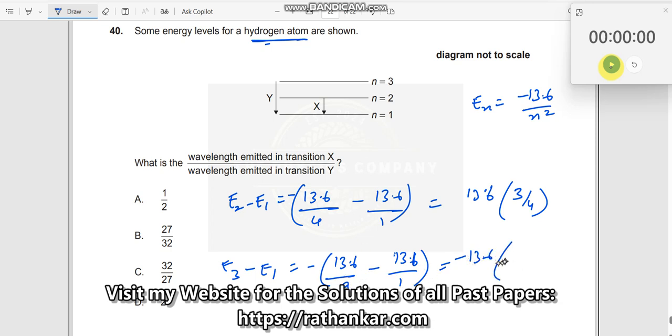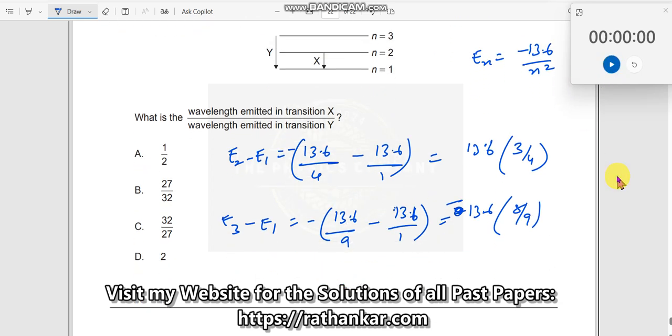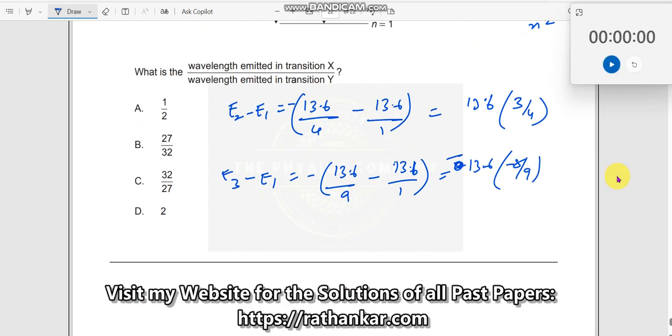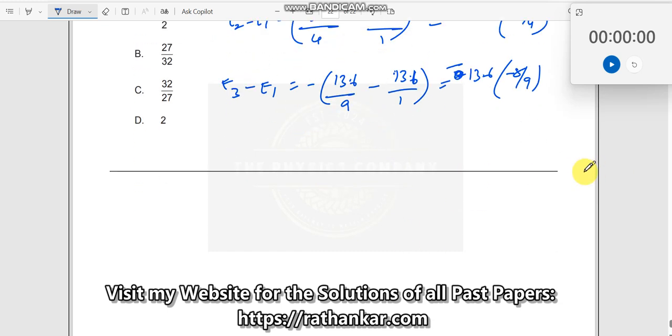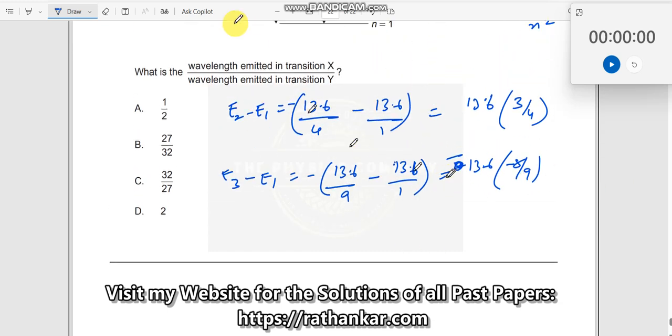Here it's already minus, so I'll take the minus over here, into 1 minus 1 by 9, which should be 8 by 9. So now I have minus 8 by 9 over here and minus 3 by 4 over here. Now I just need to divide both of them, right?